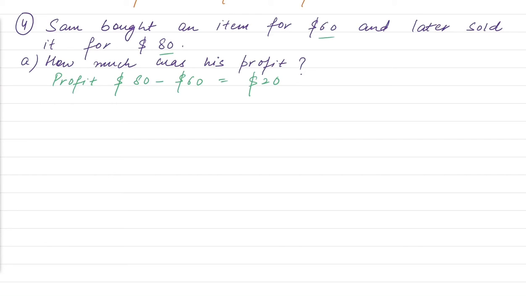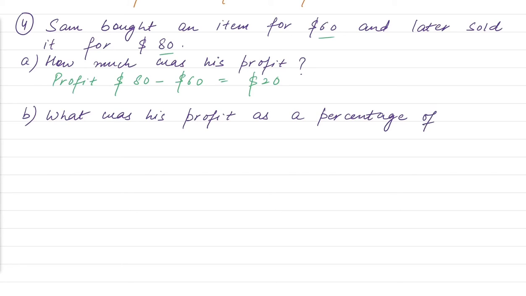Now, if we have been asked what was his profit as a percentage of his cost, we need to find the cost percentage. Here we know that he got the profit, which is $20, and he bought it for 60. So 20 divided by 60 times 100.